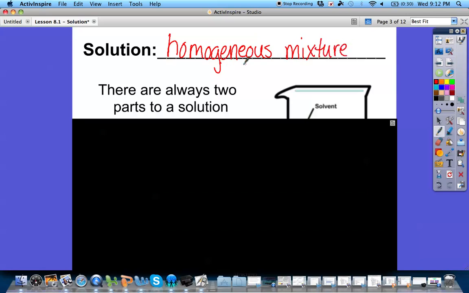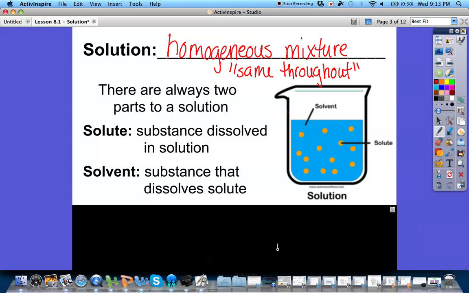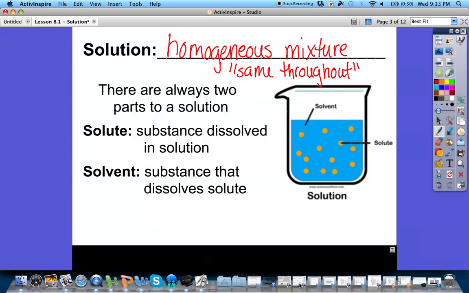We can't see the different parts of the mixture because it is evenly mixed or uniform. There are two parts to a solution. There is a solute and a solvent.